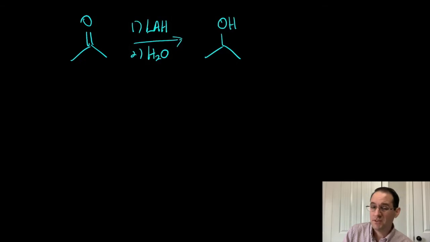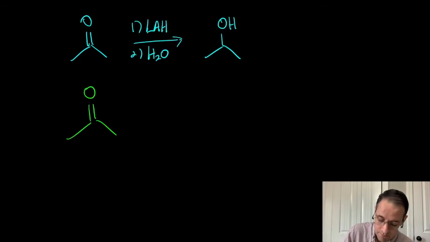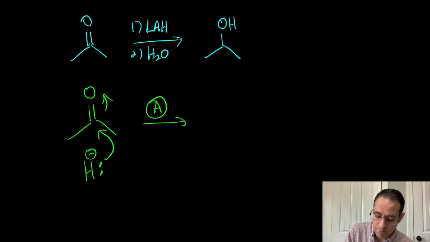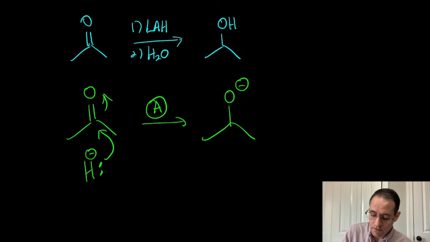So the mechanism is exactly the same as before. You have a ketone, you have hydride, okay? That attacks the carbonyl carbon as before. And you form an alkoxide in solution here. And that hangs out and stops there and waits, right?